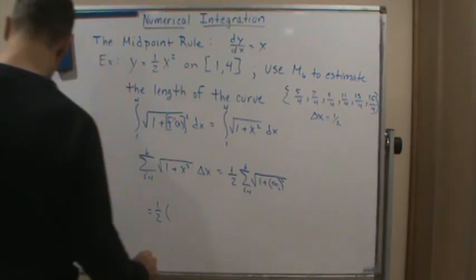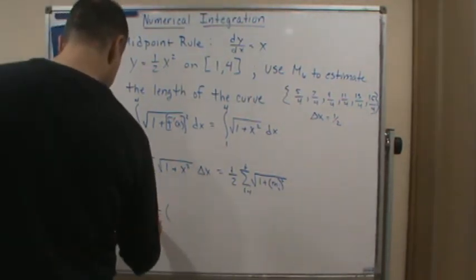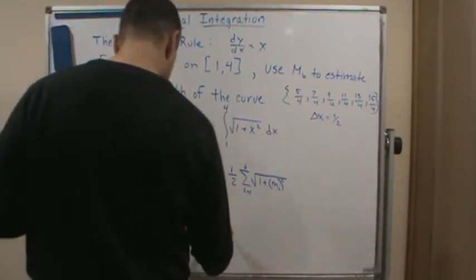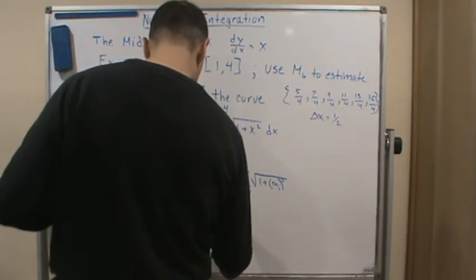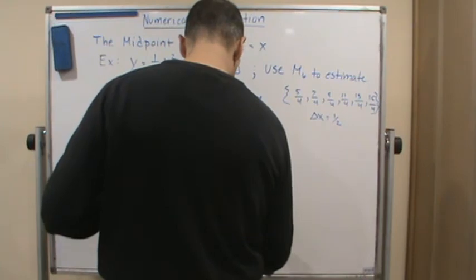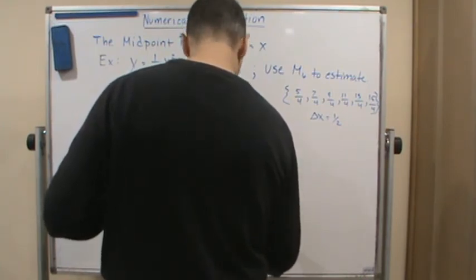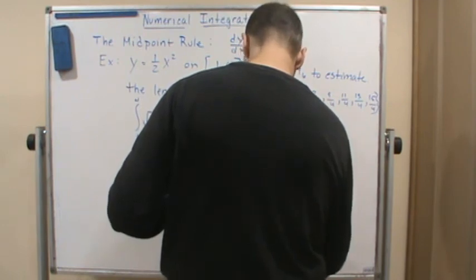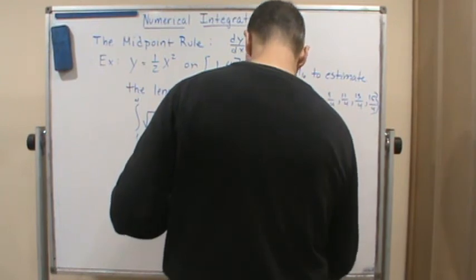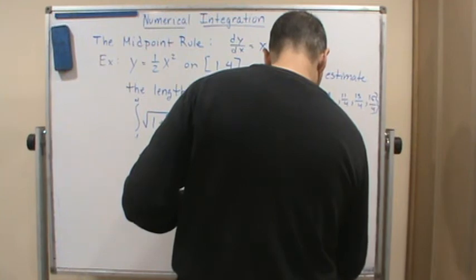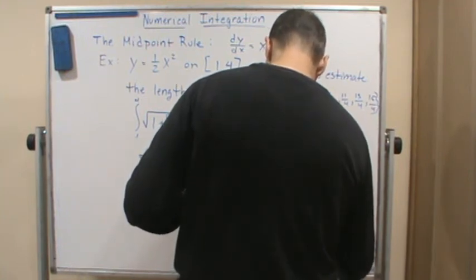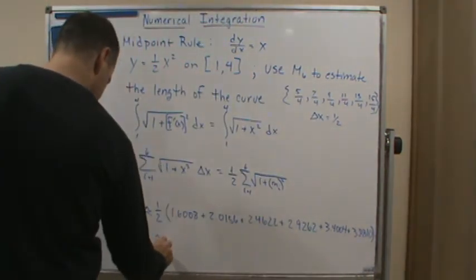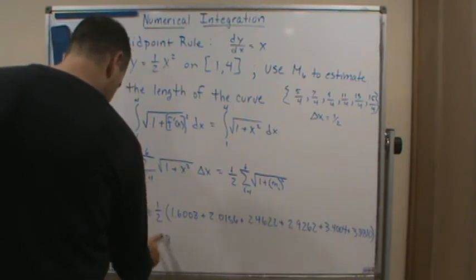You get 1/2 times, so this is going to be approximate, okay, and then of course this is going to be approximately equal to, or equal to.